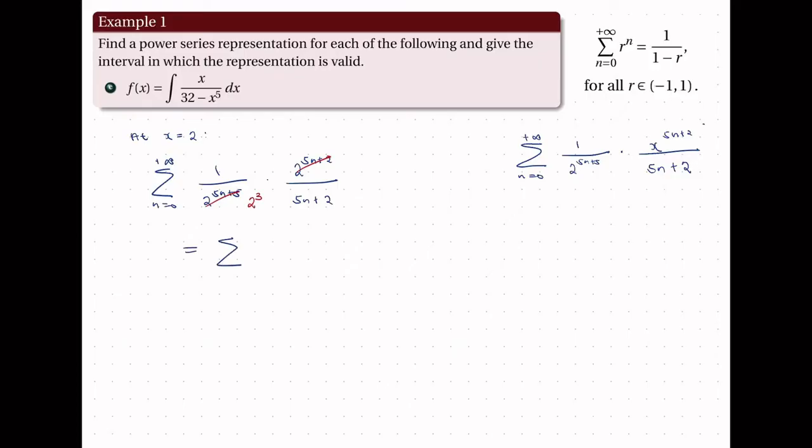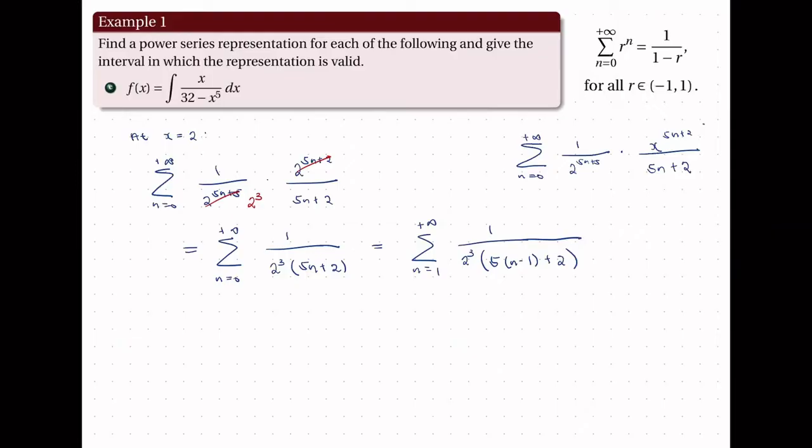Simplifying, we get the summation from n equals 0 to positive infinity of 1 over 2 cubed times 5n plus 2. Okay, we can reindex this. So we can write this as the summation from n equals 0 to positive infinity of 1 over 2 cubed times 5 times n minus 1 plus 2. Sorry, this should be n equals 1.